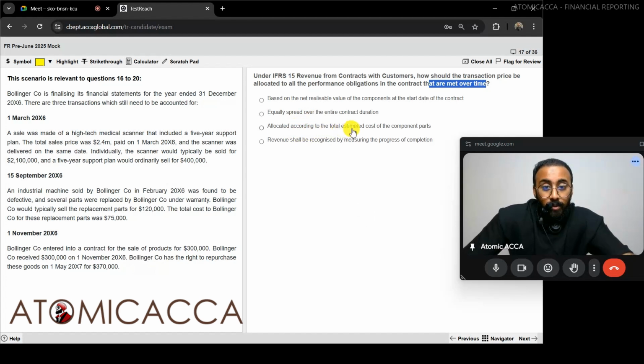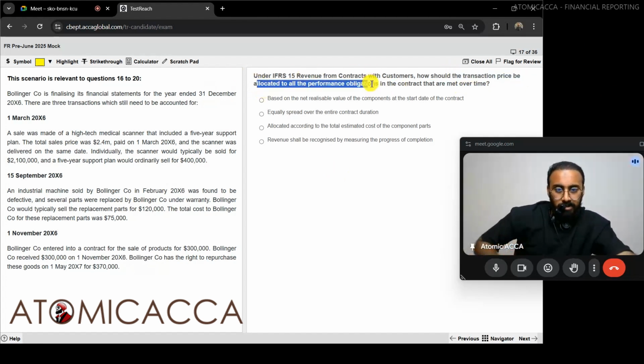Allocated according to the total estimated cost of the component parts: nothing has to do with the cost of component parts. You can look from the cost how much the progress completion percentage is, but that doesn't have to be directly related to the revenue recognition, or the transaction price being allocated to the performance obligation. So that's also out.